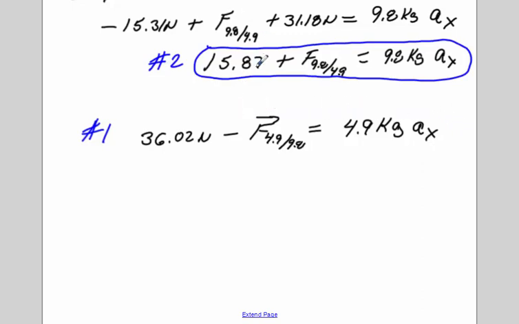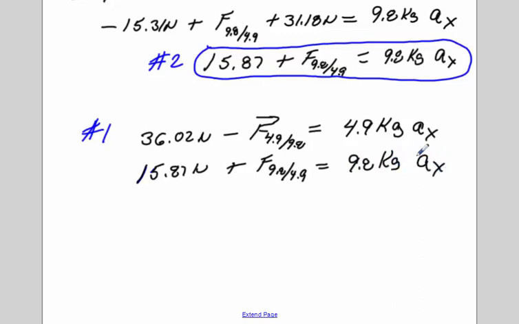Okay, below it I'm going to write exactly what I have here. I got 15.87 newtons plus the force of the 4.9 on the 9.8 is equal to 9.8 kilograms times my acceleration in the x direction.